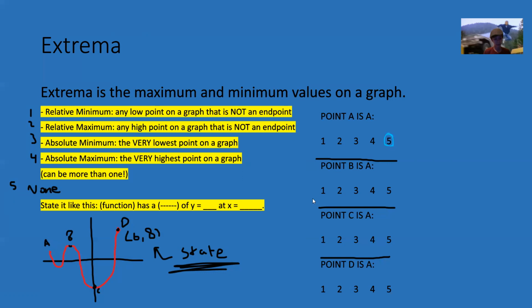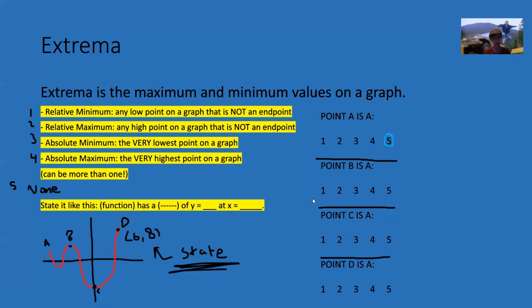Point B, we see point B, it's not the absolute lowest or highest, so it's not going to be 3 or 4. But since it is a maximum, it's a high point, that means it's a relative maximum because it's not an endpoint. If it was an endpoint, just like A, it would be none. Absolute is if it's the very highest or lowest.